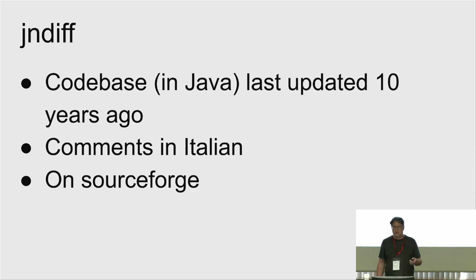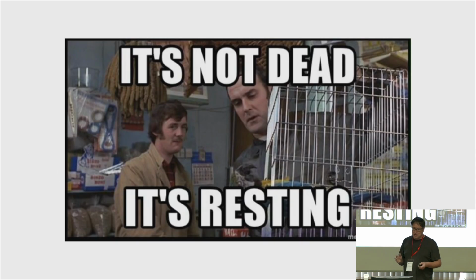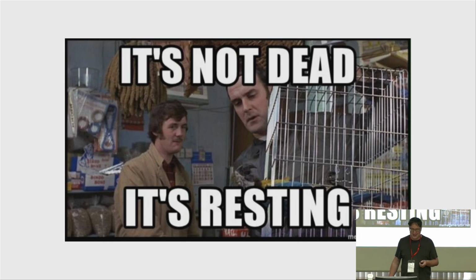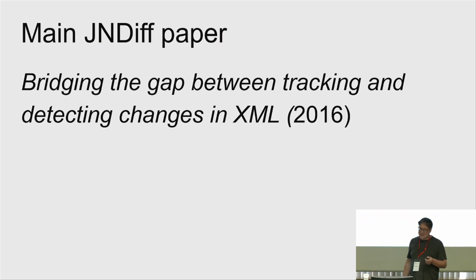There was a code base in Java, and it was last updated 10 years ago, and it had comments by the academic developers of the software in Italian, and it was hosted on SourceForge, so that's kind of the state of that. If it's on SourceForge, it's just resting, I guess. But the paper described the algorithm, and the source code was there.